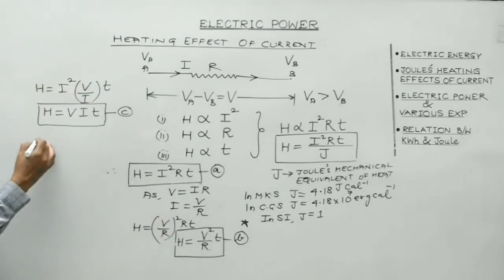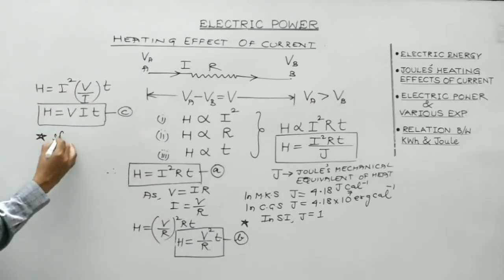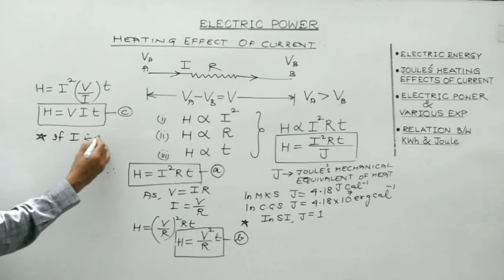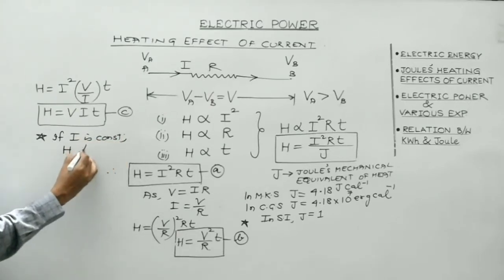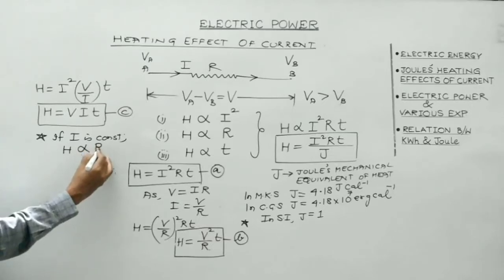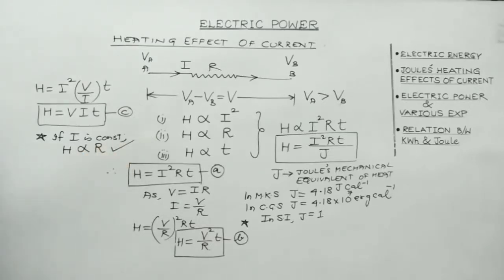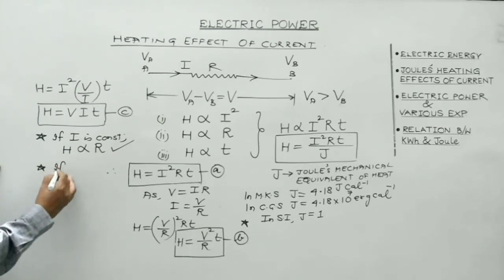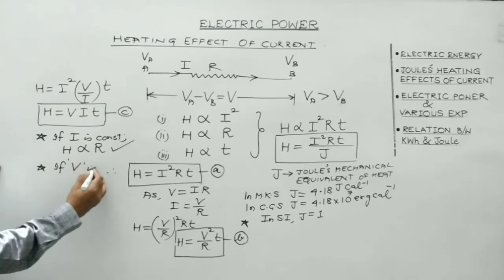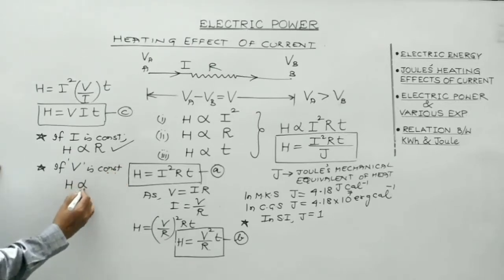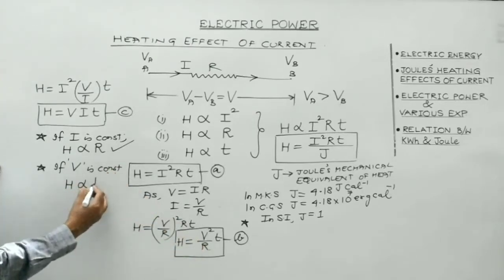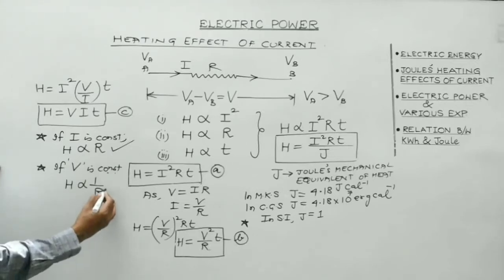So I'll write it over here. If current is constant, then the amount of heat produced is always found to be directly proportional to the resistance. This is a very, very important concept. And second, if potential difference V is constant, then the amount of heat produced is inversely proportional to the resistance offered by the conductor.